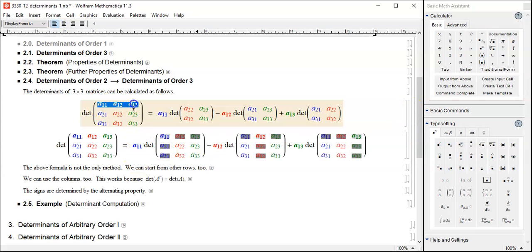First row, and these numbers A11, A12, A13, and deleted matrices, all done. Now, the 1% that I didn't complete is the sign. We have alternating signs, plus, minus, plus. Always like that. We have to have alternating signs. And that is a big reason why we have that alternating property.